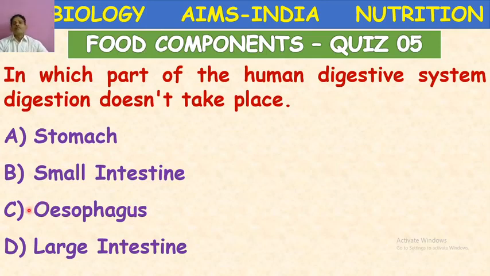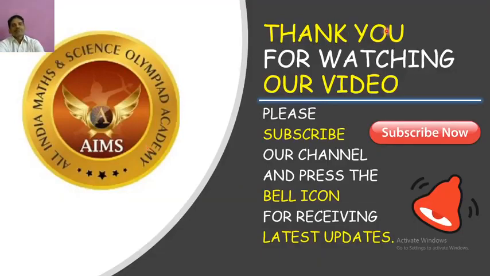It is only the passage through which food from the mouth or oral cavity enters the stomach. It acts like a bridge. What is the process by which the food from the oesophagus enters into the stomach? Peristalsis. Yes, peristalsis.